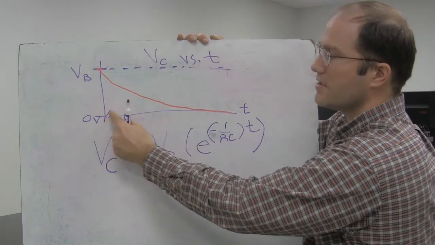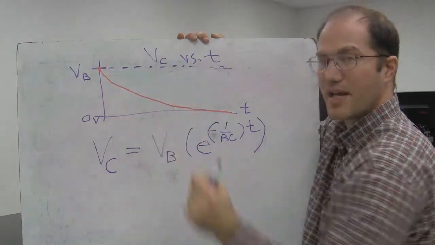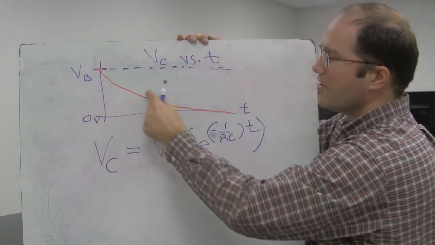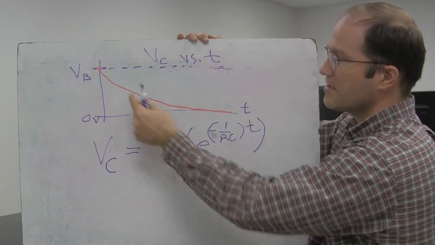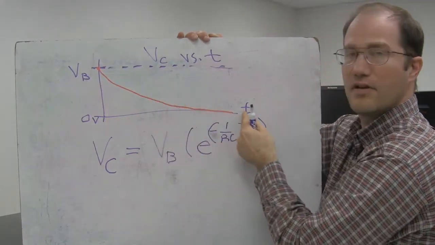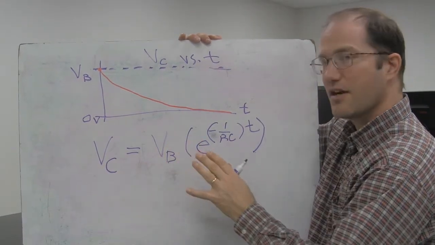So when time is equal to 0, our voltage across the capacitor is the battery voltage. But as time goes on to infinity, this becomes e to the negative infinity, or 0, and so it approaches 0 as time progresses.